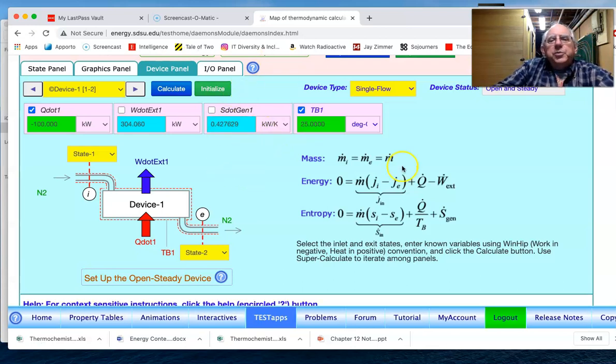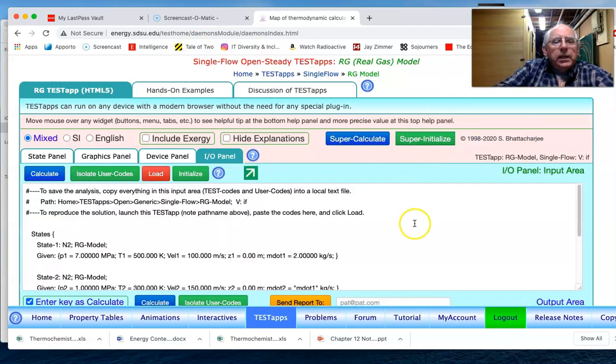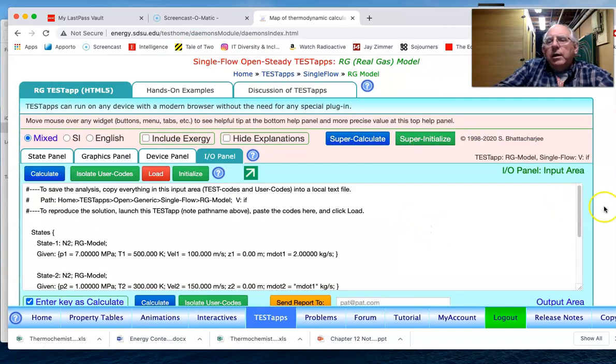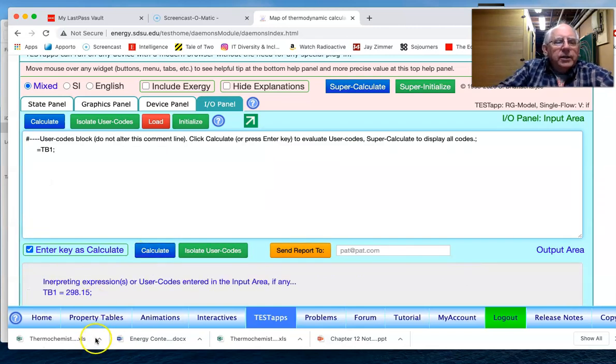Now in this problem, it's asking for the irreversibility. And so in this particular case, we'll go ahead and do a super calculate, and we'll say, okay, we want to calculate the irreversibility. First of all, we look at the value of TB1, which was the temperature at which the heat transfer occurs, the boundary temperature.